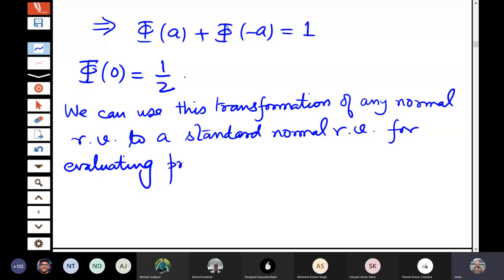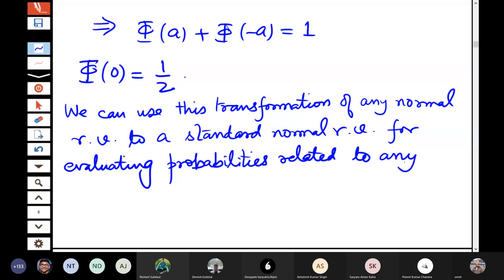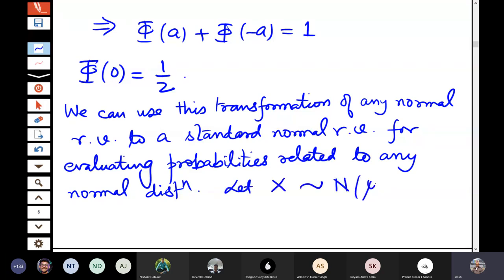So we can use this for evaluating, let us say x follows normal mu sigma square, okay, and we want to calculate the probability of a less than x less than or equal to b.